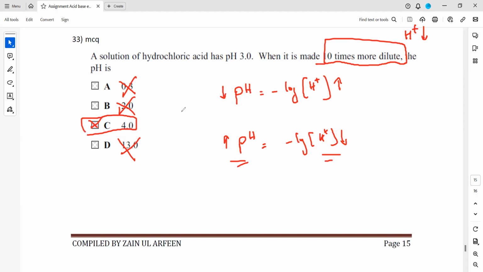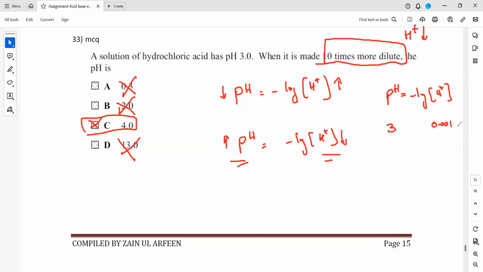And you can also understand from a factor, when a log is changed by factor 10. For example, say we have pH equal to minus log of hydrogen ion concentration. If the pH was 3, the hydrogen ion concentration would be a certain number like 0.001.